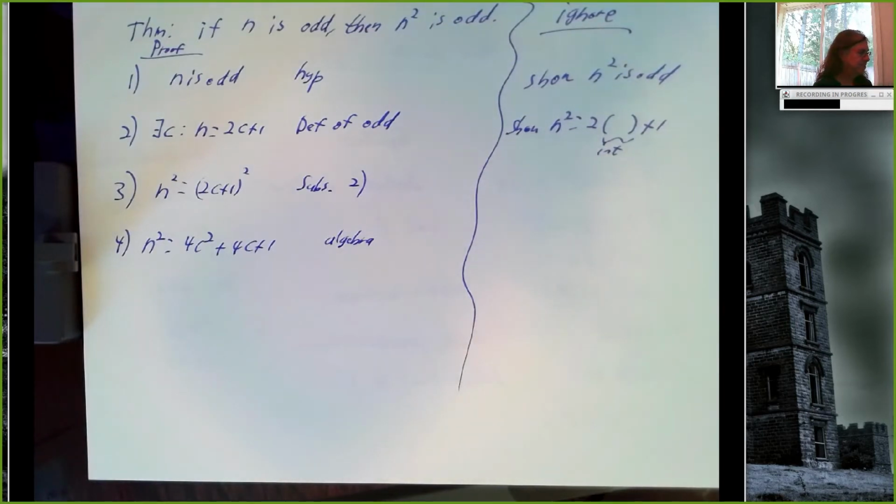Well, if we show that the 4c squared is going to be even no matter what c is because it's multiplied by an even number. Basically, we can knock that down to 2 times c squared, some variable perhaps. And likewise, 4 times c is also even.